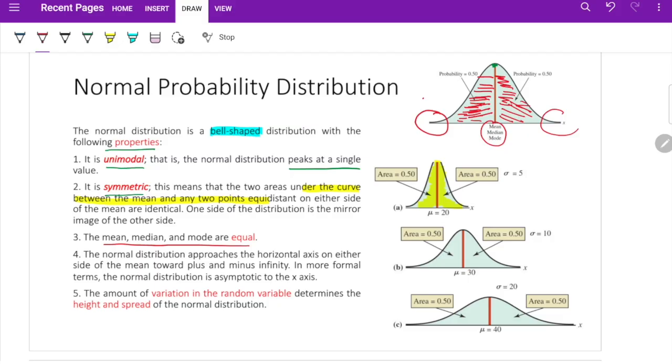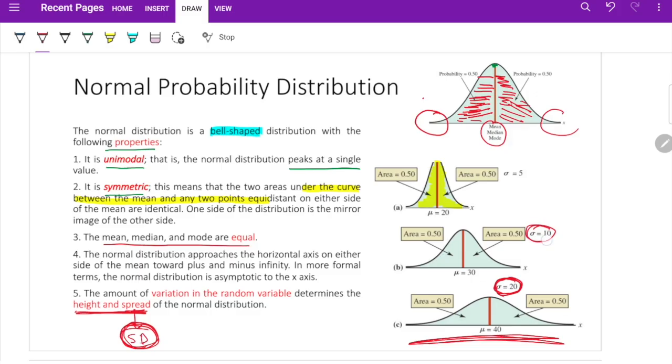The last point is what? The amount of variation in the random variable determines the height and the spread of the normal distribution. The spread is what we talk about with the standard deviation. If your data has high spread, it's going to be something like this. Look at the standard deviation, super high compared to that one. A high standard deviation tells you that your data is far away from the mean.